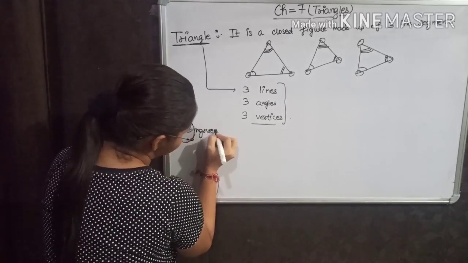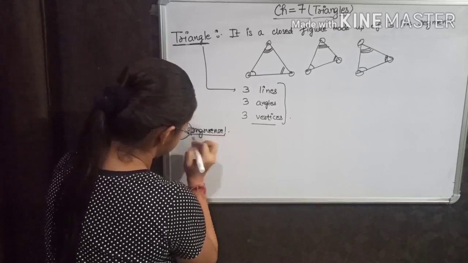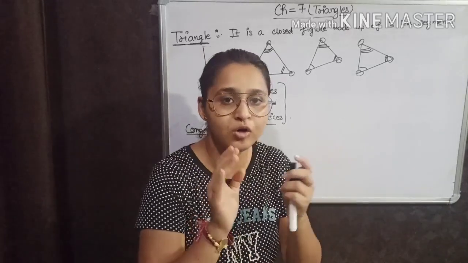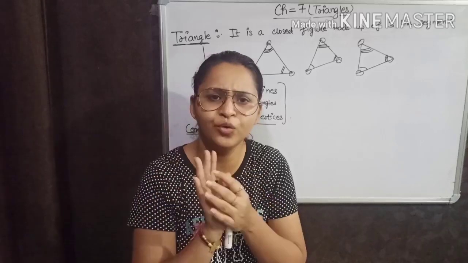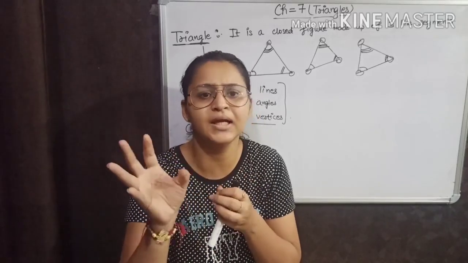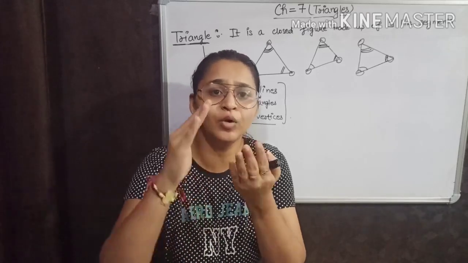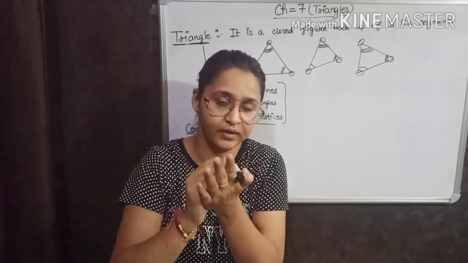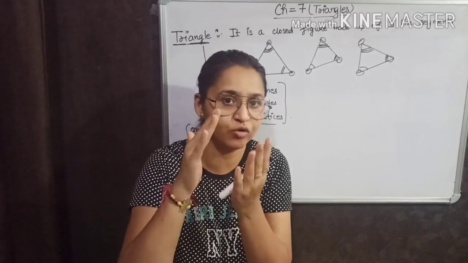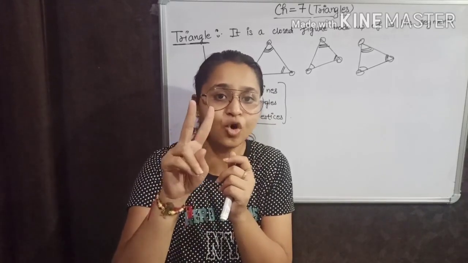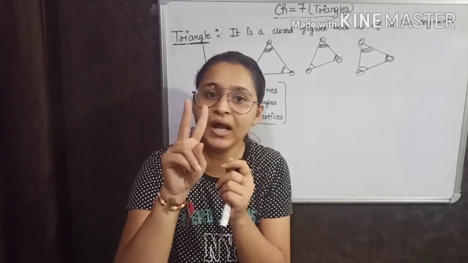Congruence means, if you are simply seeing in your daily life, when you have any 2 objects, you can take any of the 2 objects, and if you are putting one object over another, then these 2 objects must overlap each other.